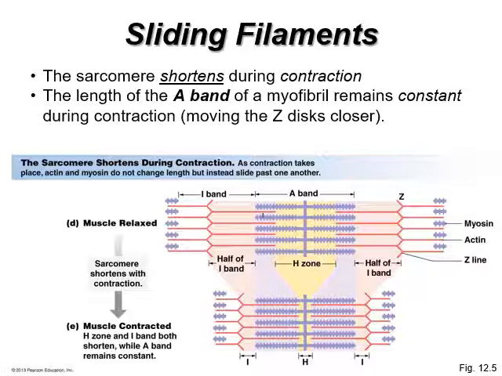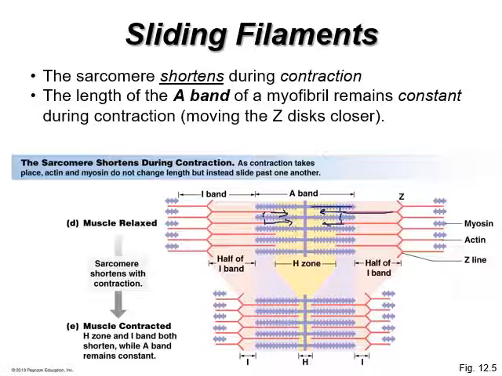So that myosin is binding here and pulling the actin in this direction, right? And the myosin here is pulling this actin in this direction, and this one's pulling this in this direction. So these actins are moving closer together, but the length of these filaments is not changing.